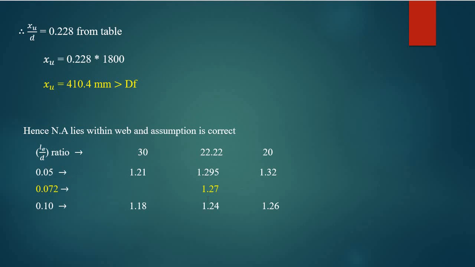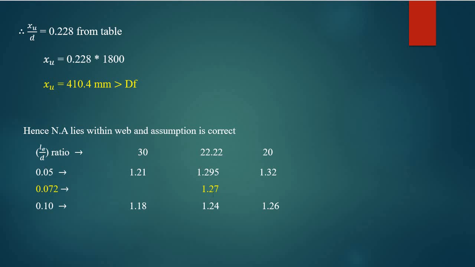Now I will show you the table. Here it is written like this. L by D ratio is these horizontal values. This is the first column ratio. These are the values from the second and third columns. For 0.072, the value is 1.27.